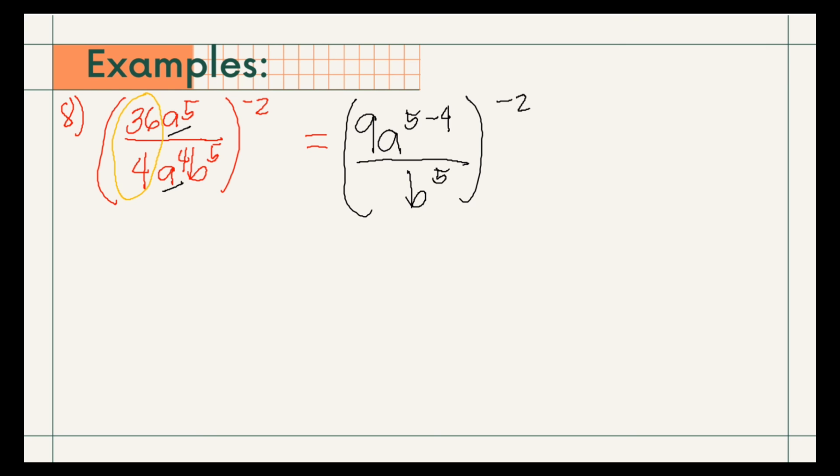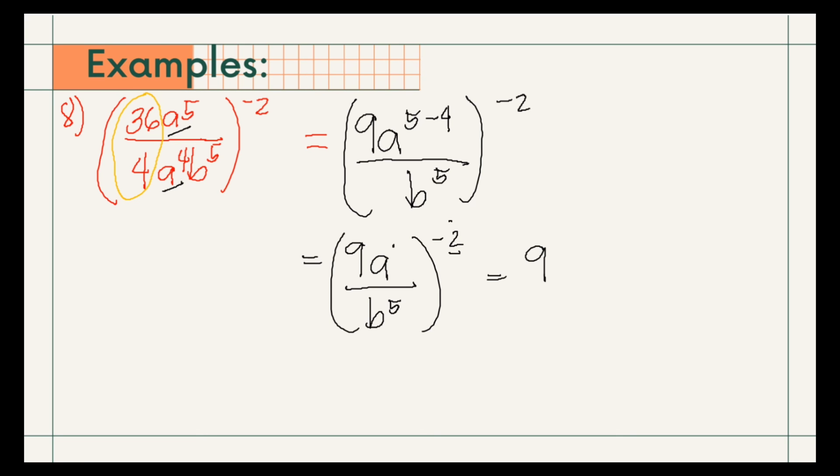So, simplify muna natin. We have a raised to 5 minus 4. So, that is equal to 9 a raised by 1. Pwedeng lagyan ng 1 or pwede ding hindi na. Then, b raised to 5. Then, raised by negative 2. So, that is equal to, isa-isa natin i-multiply itong negative 2 by the term or by the base na nasa loob.